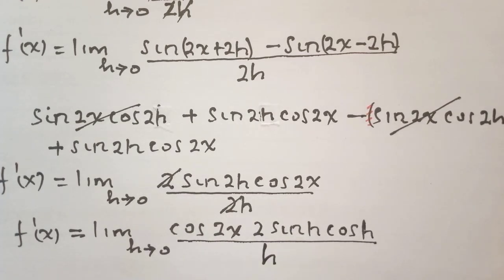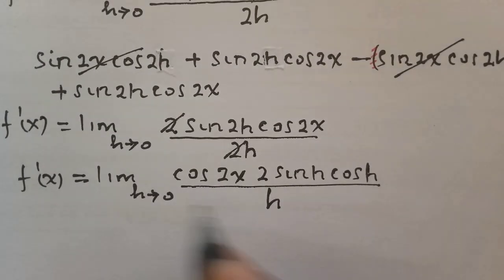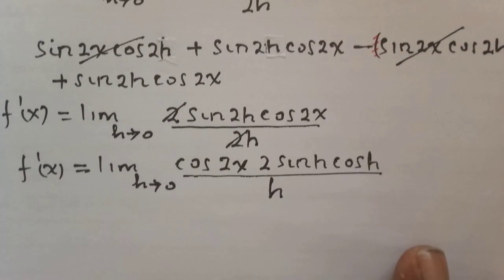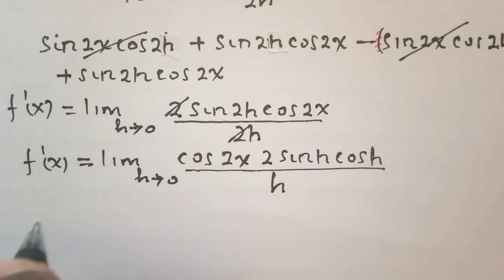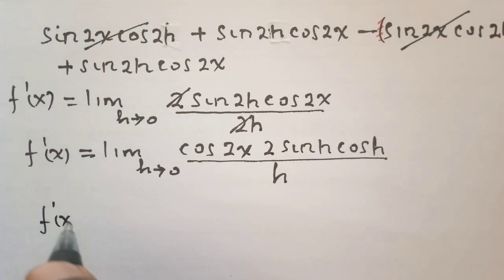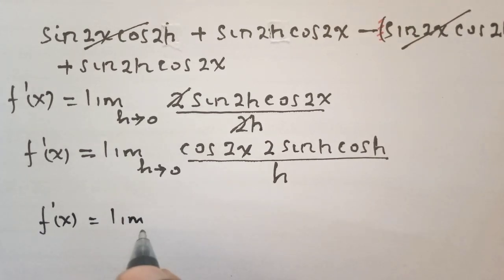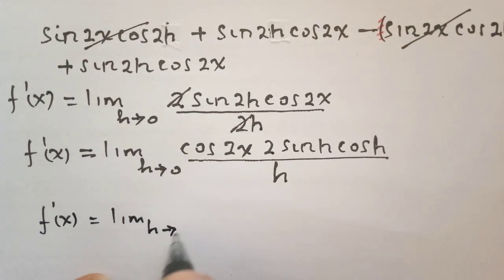So as h tends to 0, I'll put it like this, guys, we shall have f prime x, that is the derivative, is equal to limit as h tends to 0.